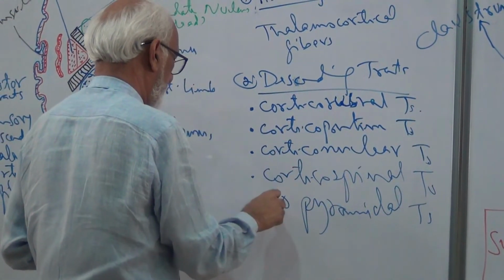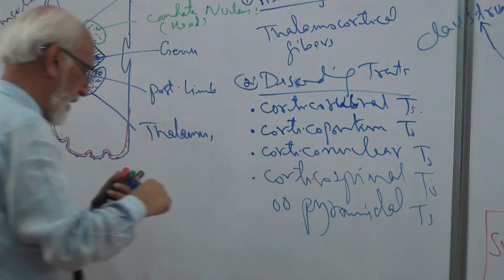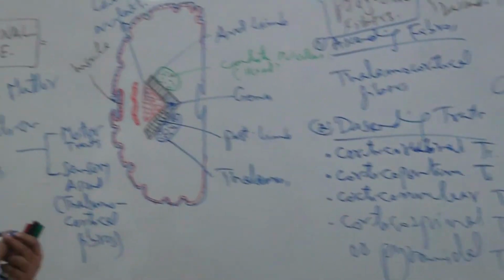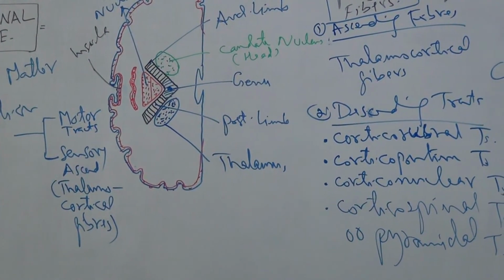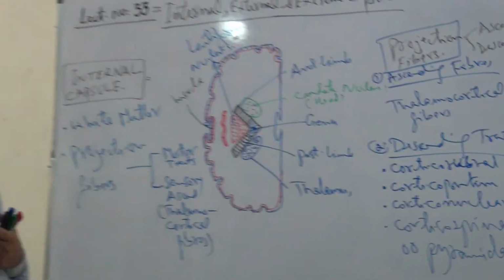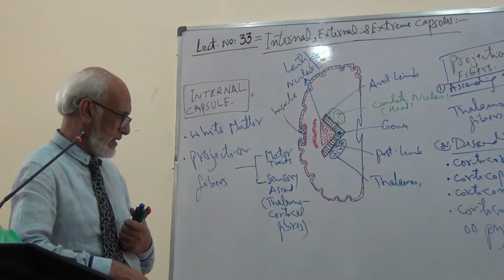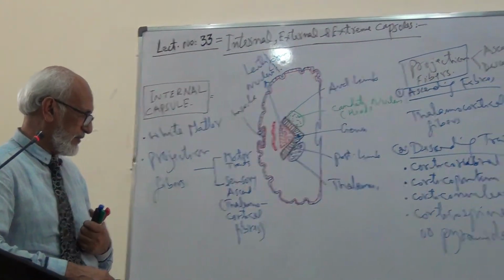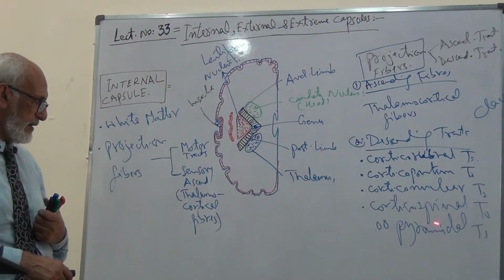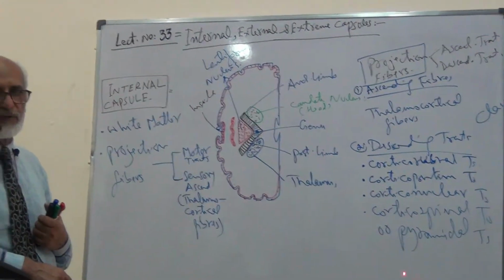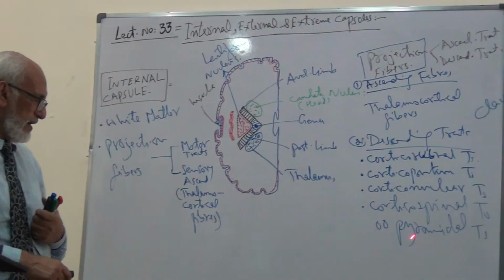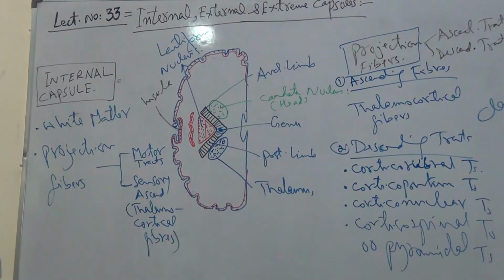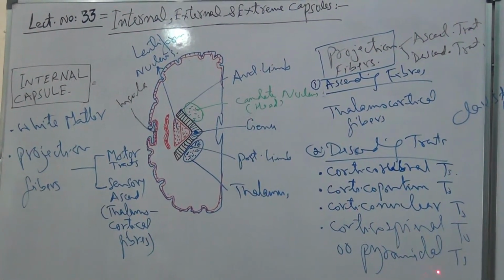Cortico-spinal or pyramidal tracts arise from the cerebral cortex, descend through the corona radiata, internal capsule, crus cerebri, midbrain, ventral part of the pons, and medulla oblongata, and enter the spinal cord where they terminate in the anterior horn of the spinal cord at different levels. These are cortico-spinal tracts because they descend to the pyramids of the medulla oblongata. This is why they are also known as the pyramidal tracts.